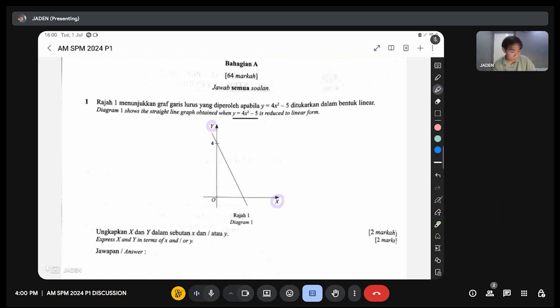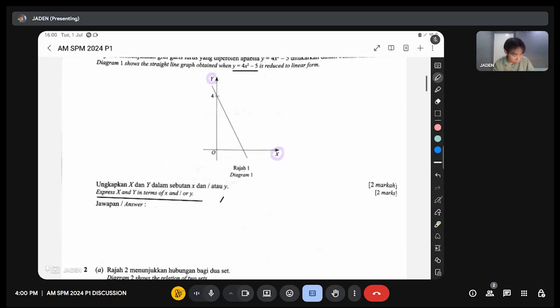The question says, express X and Y in terms of x and or y. So when you notice a question like this, write down that your answer will look somehow like this: X equal to something with y or x, Y equal to something with y or x.